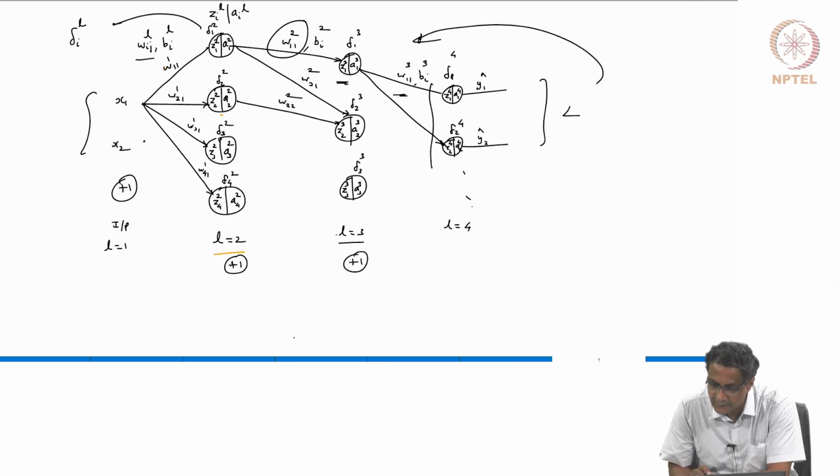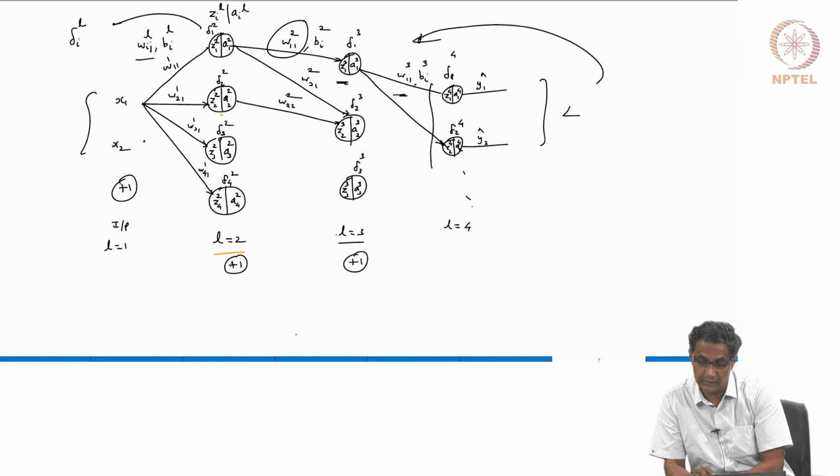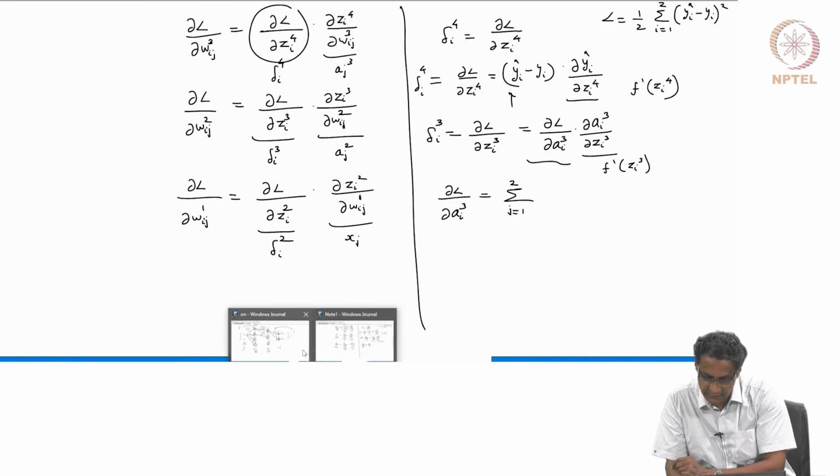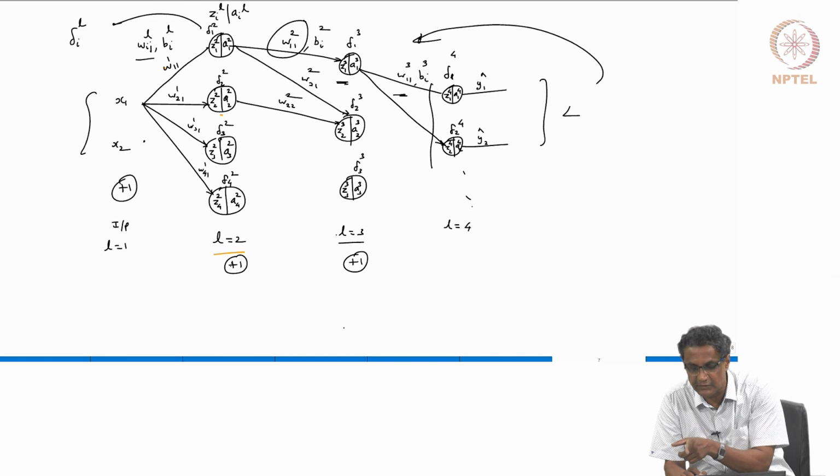Then we have dou L by dou zi4. What do we want? We want dou L by dou ai3. And therefore, we can write it as a summation of dou L by dou zi4 and dou zi4 by dou ai3.